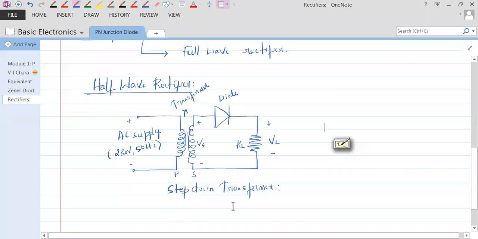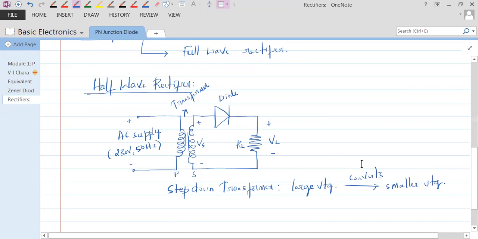That is why it is called a step down transformer. That is what the transformer is doing.